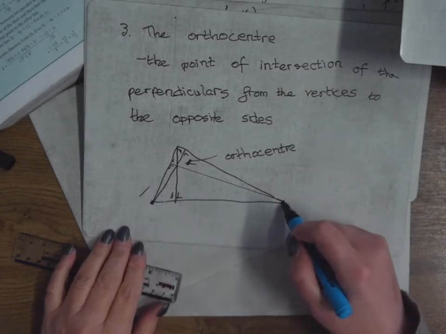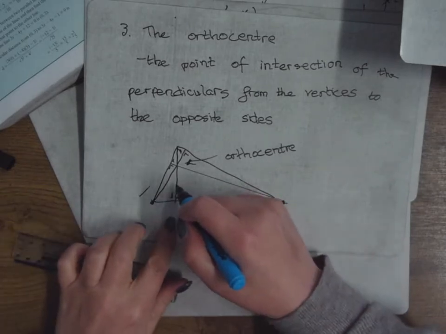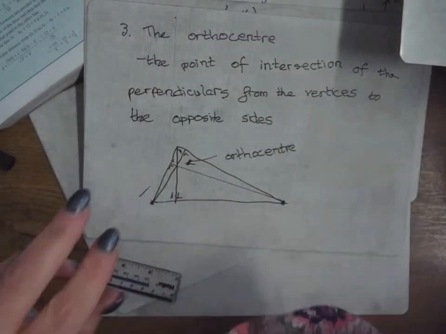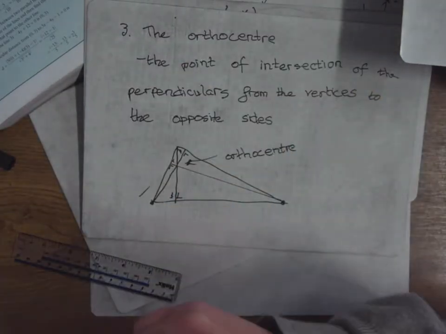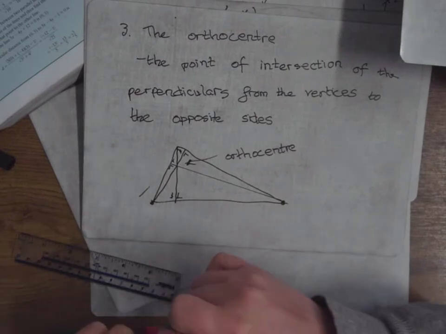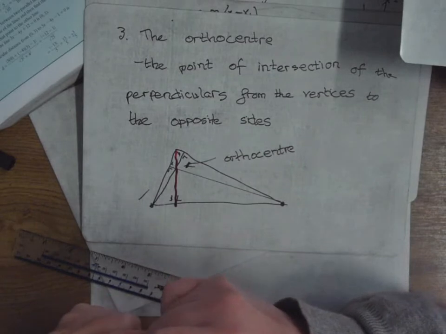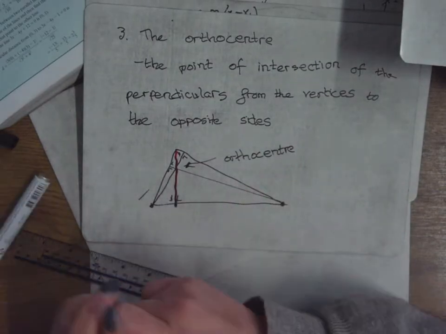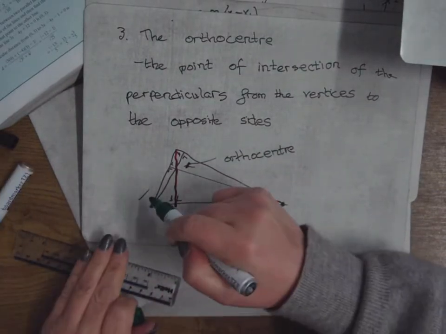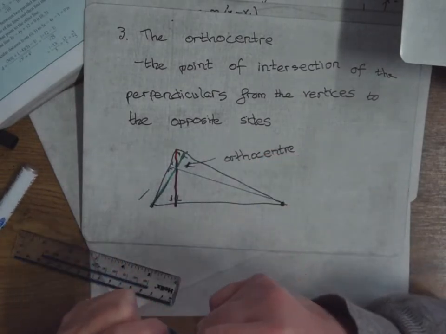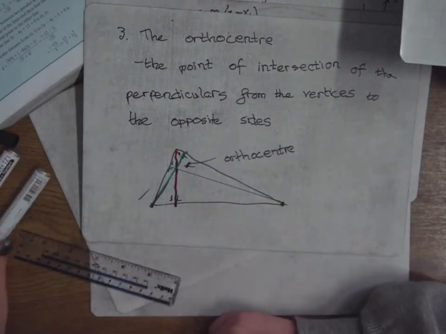So you'd be getting the equation of, say, this line, right, time for colours. So say you were to get the equation of the red line and the equation of the blue line, and then you find where they intersect.